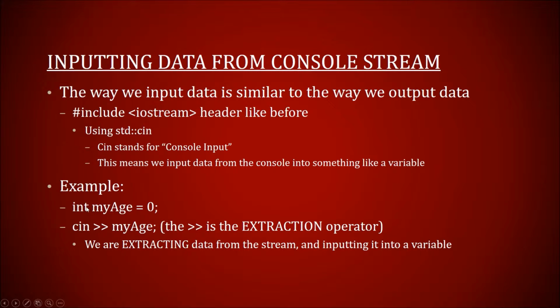A good example is if we had an integer called myAge and assigned it 0 as a default value, we could call cin and use the extraction operator here to input into myAge, and that would in the console pop up a little blinking spot on the screen, and then you can type things in, but we'll see that later once we get into actual code, which we will be doing now.